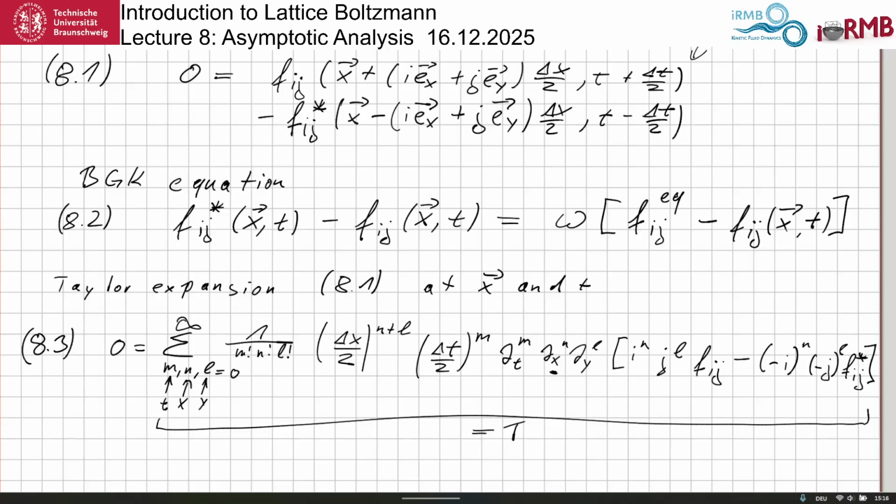Anything unclear with this? The minus sign with the delta t half, yes, very well.